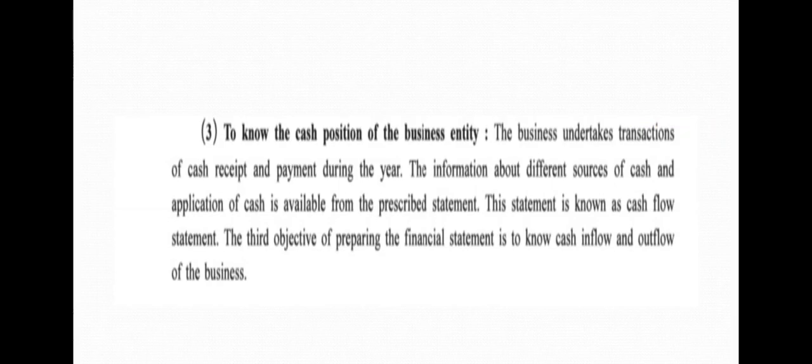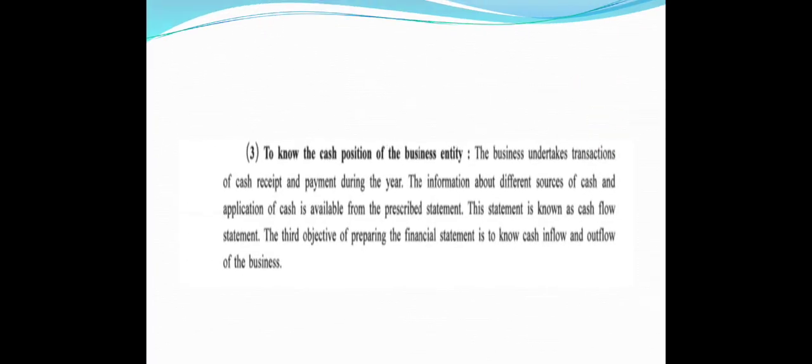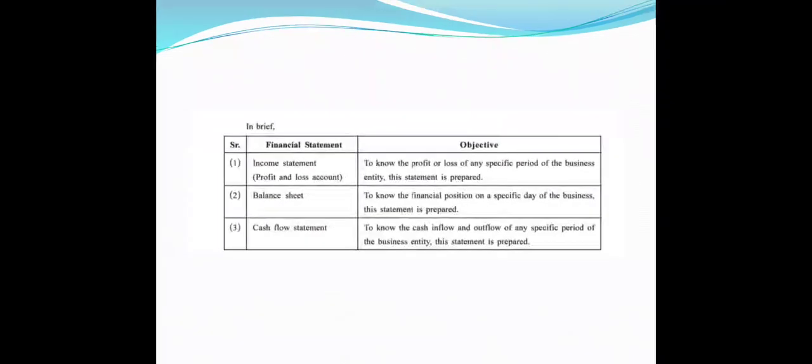So, for knowing the position of cash, a statement is prepared in a prescribed form, and that statement is known as the cash flow statement. So these were the three main objectives of preparing financial statement.